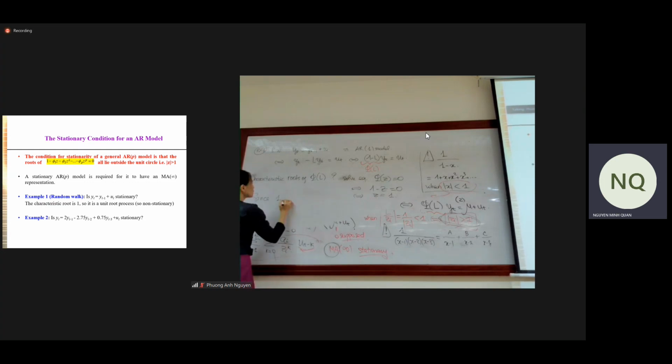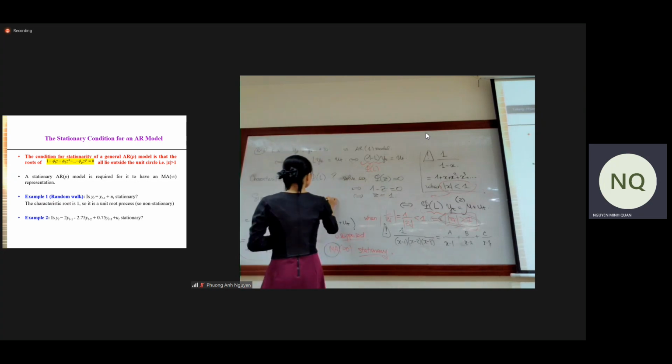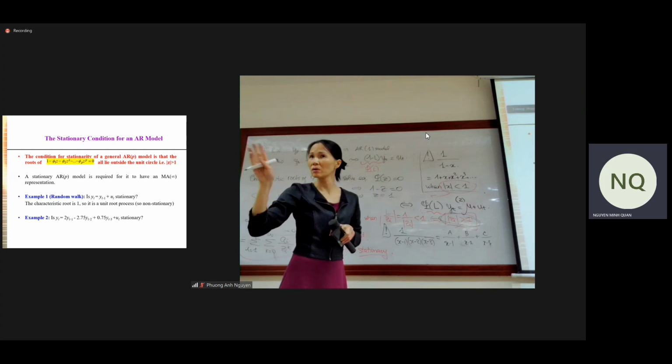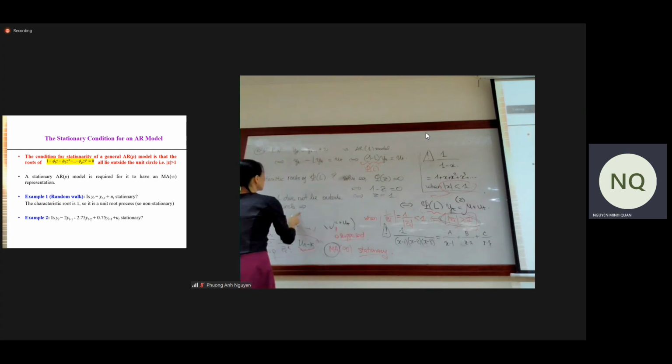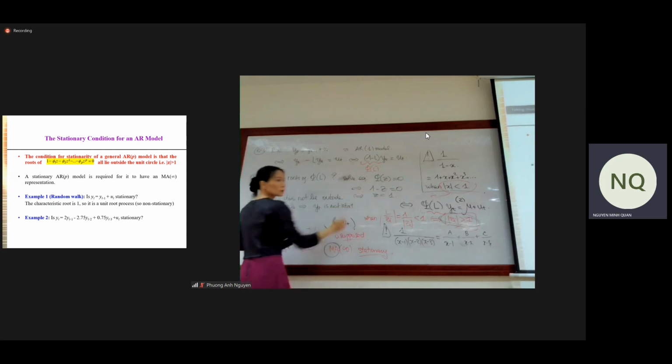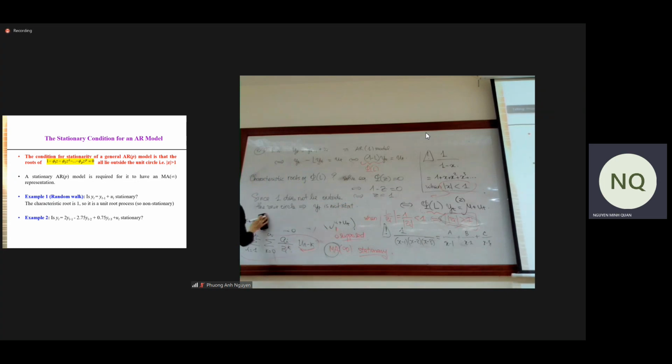Since the root 1 does not lie outside the unit circle, and in this case you need all the roots to stay outside the circle, the series y_t is not stationary. Okay? Not stationary. So for application, I think it's very easy.